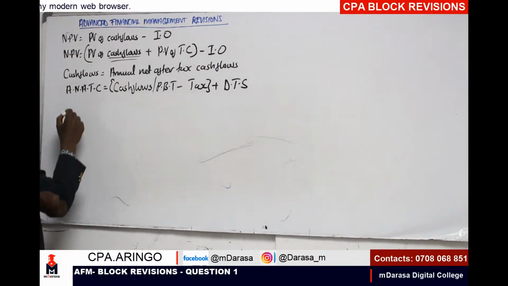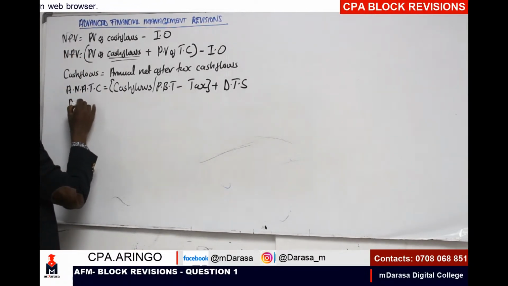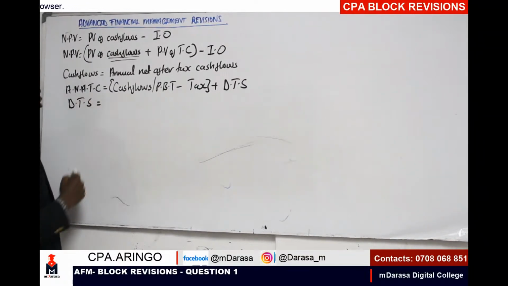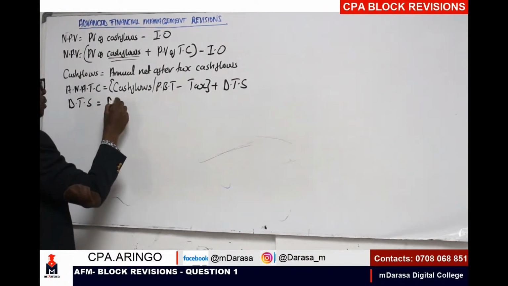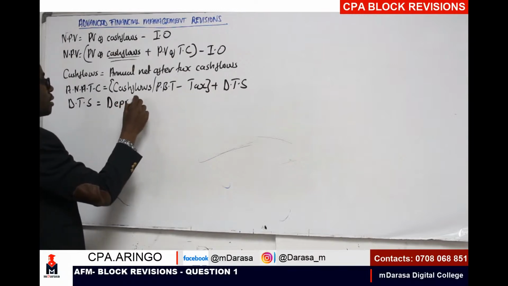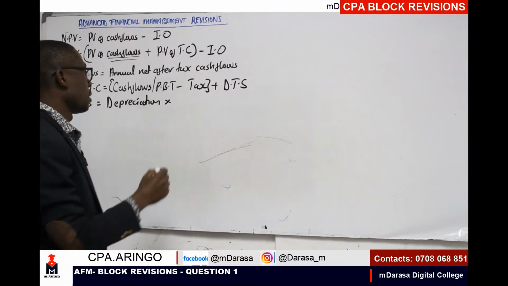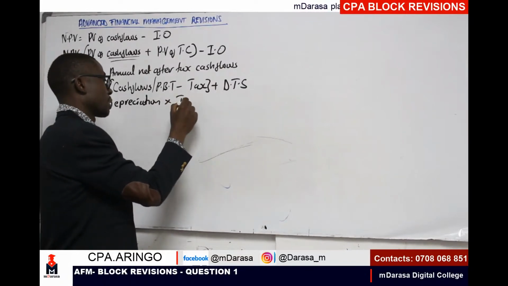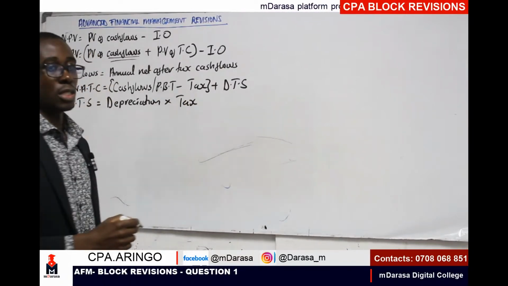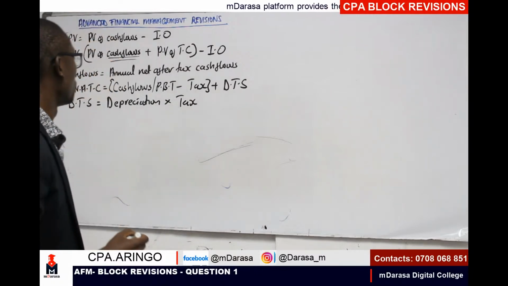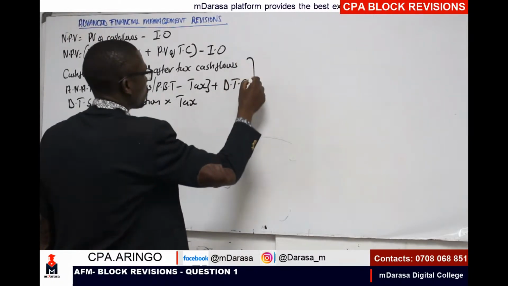You should understand that depreciation tax shield is achieved by taking our depreciation and multiplying by our tax rate. That gives us the depreciation tax shield.